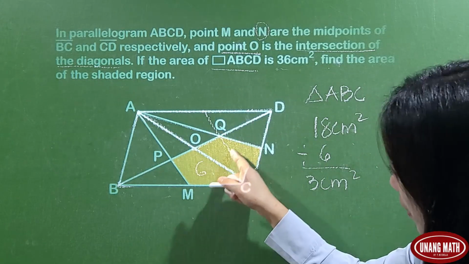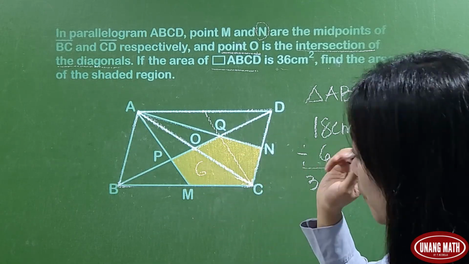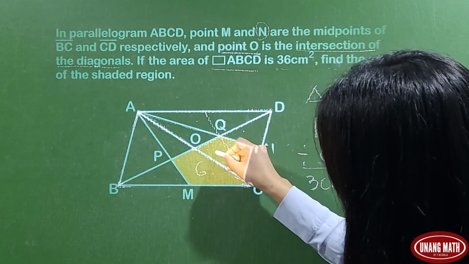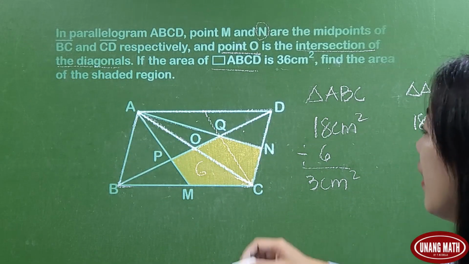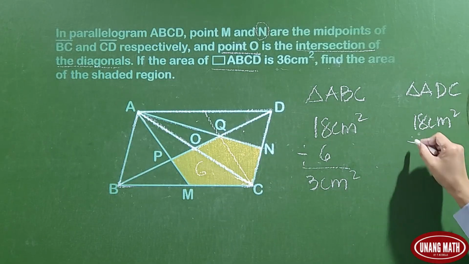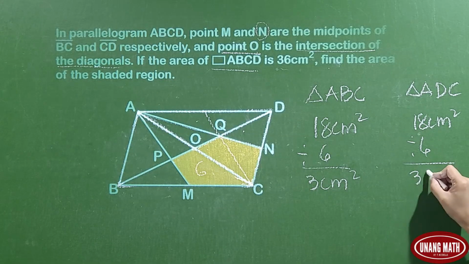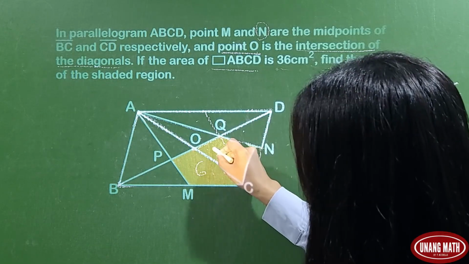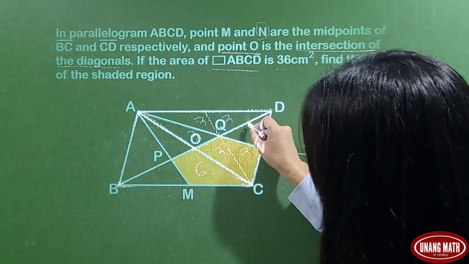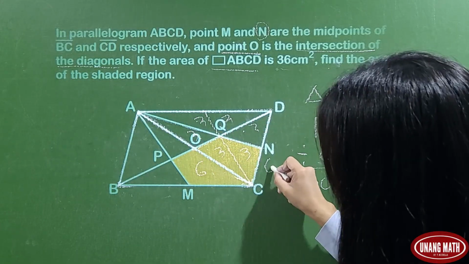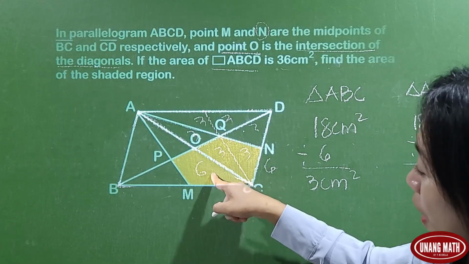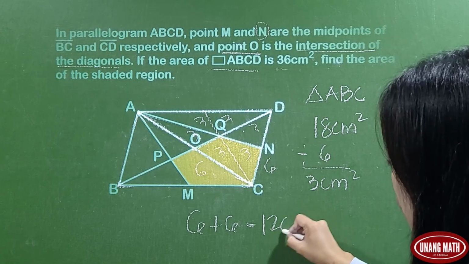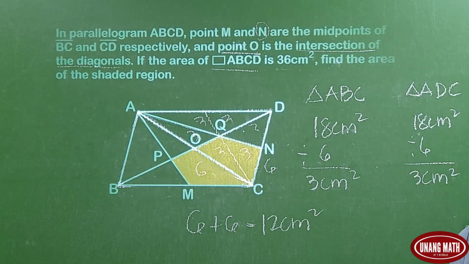Now these three medians divide this triangle into 6 equal parts. So 18 divided by 6, each triangle is 3 squared centimeters. So 3 plus 3 would be 6. So the area of the shaded region would be 6 plus 6, which is equal to 12 squared centimeters.